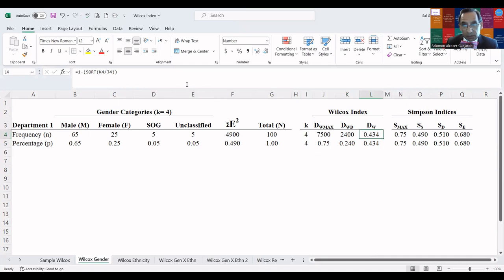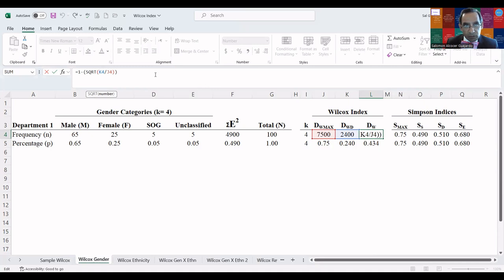To obtain the Wilcox evenness or standardized score, remember I'm going to use the square root of the dominant score or concentration score divided by the maximum. Then I'm going to subtract that product from 1.